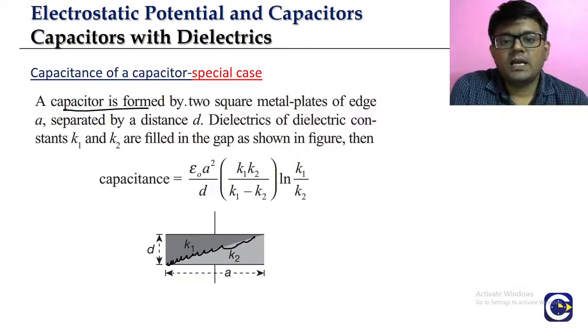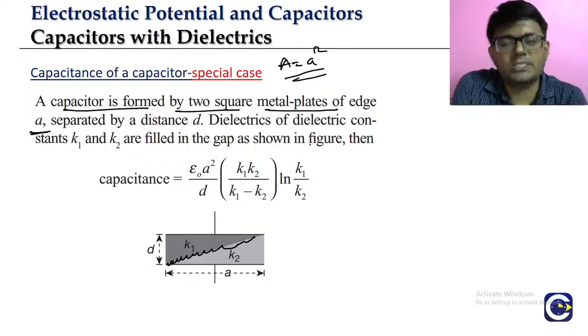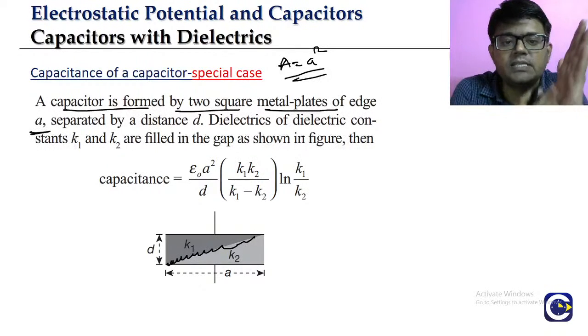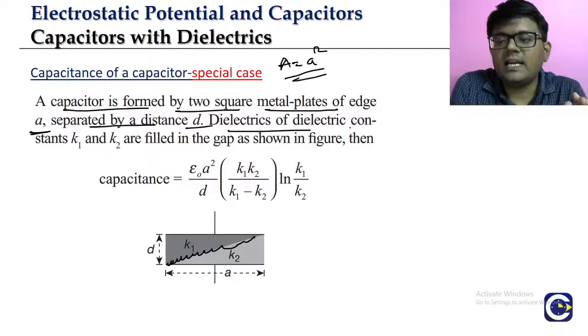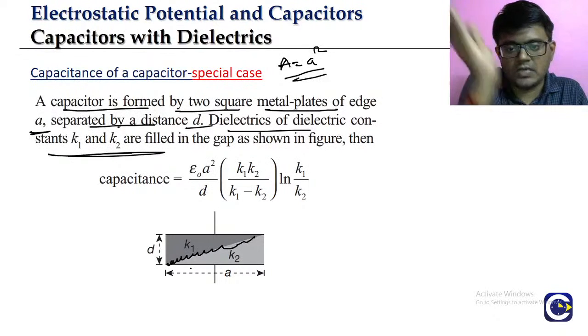Okay, a capacitor is formed by two square metal plates of edge a, means area of cross section எவ்வளவு பாருங்க small a square, because it is a square plate. They are separated by a distance d. Dielectrics of dielectric constant k1 and k2 are filled in the gap, எப்படி fill பண்ணிருக்கோம், with a diagonal crossing வர மாதிரி.